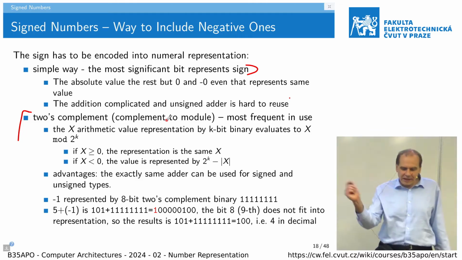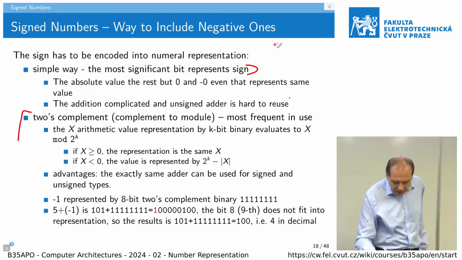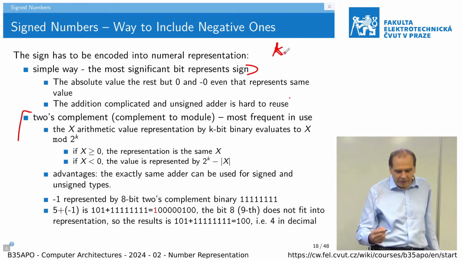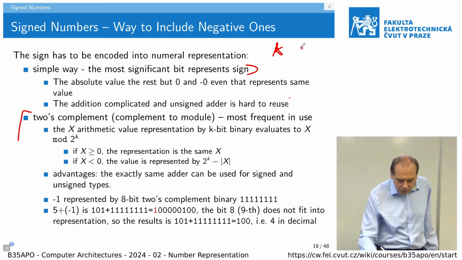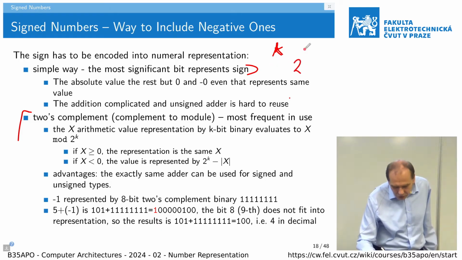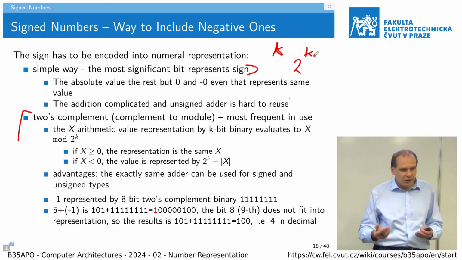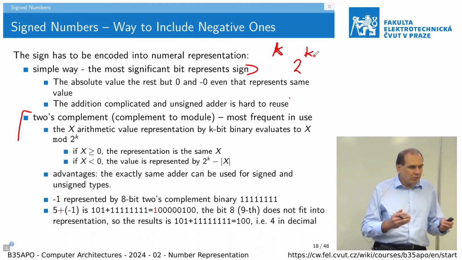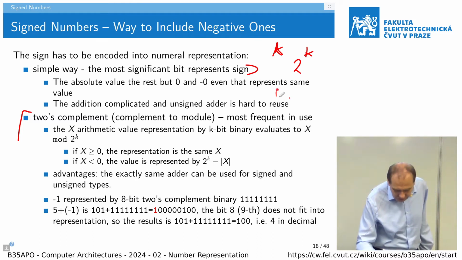Because if we have some k-bit representation of the number, and it is an unsigned number, we are able to store 2 power k combinations, but we want to include a 0, so in fact we have a range from 0 to 2 power k minus 1. So this is the range which is covered.